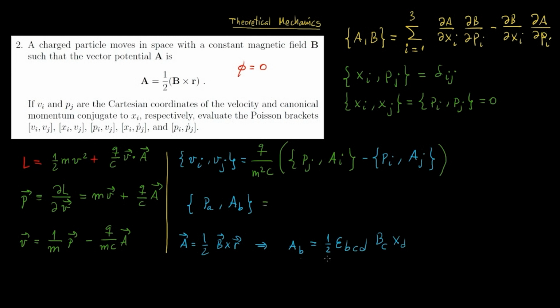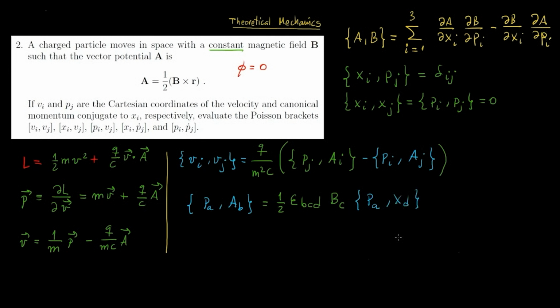So we can factor out this term here because this is a constant magnetic field and the Levi-Civita symbol is also a constant. So we can factor out 1/2 epsilon b c d B_c, and then the only thing we have left is {p_a, x_d}.